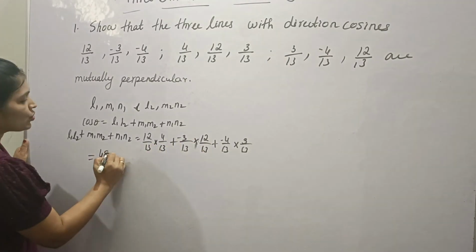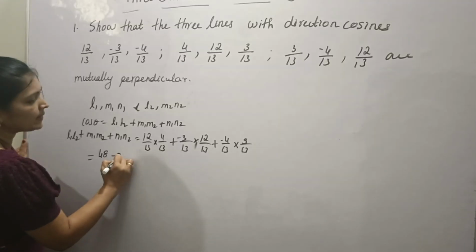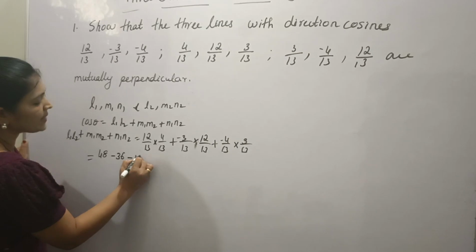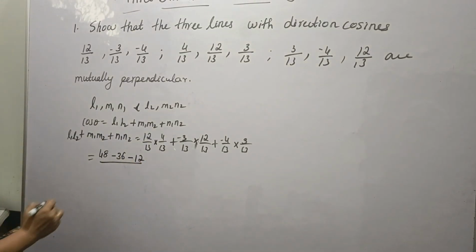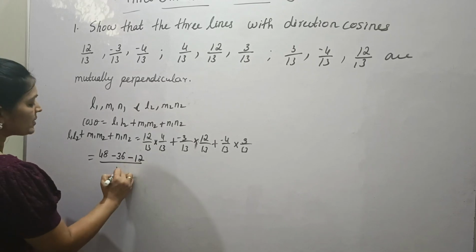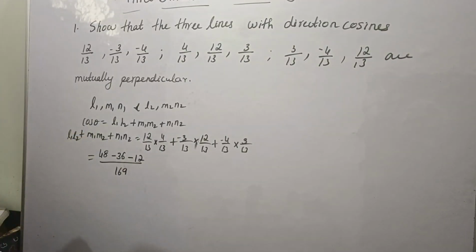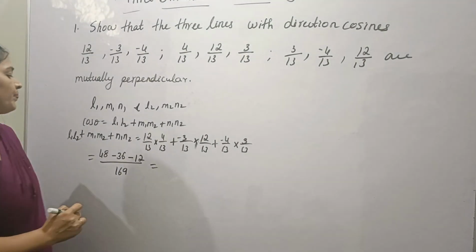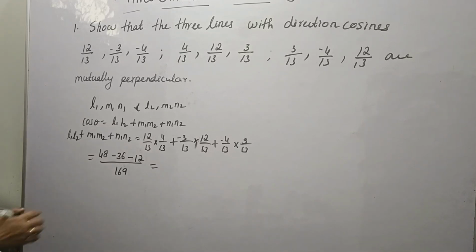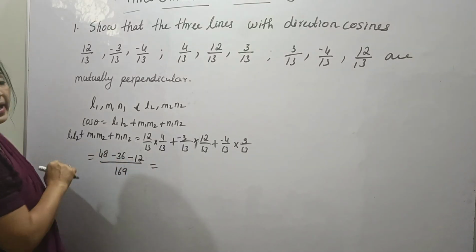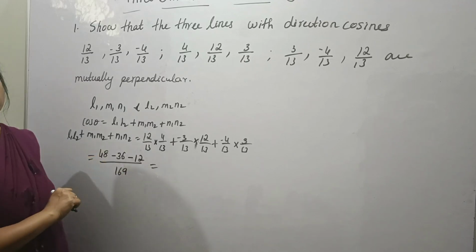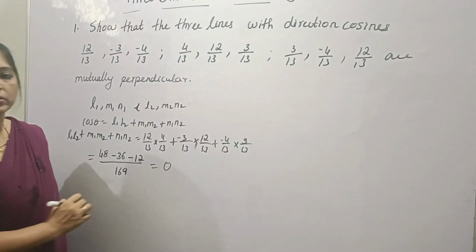That is equal to, the denominators are the same, so 12 into 4 is 48, minus 36, minus 12, divided by 13 squared, which is 169. That is 48 minus 36 minus 12, which is 48 minus 48, that is 0.